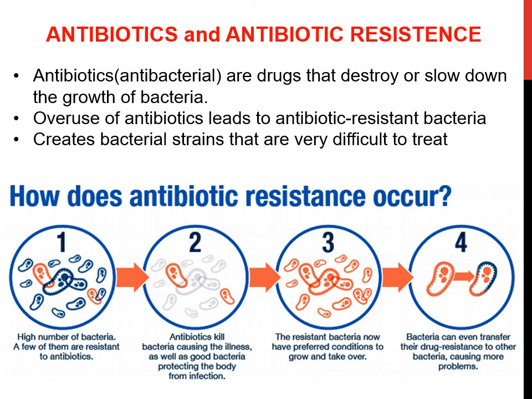They can thrive in the setting of the antibiotic being around. The resistant bacteria can then grow, and now you are left with resistant bacteria that can't be treated with that particular antibiotic.